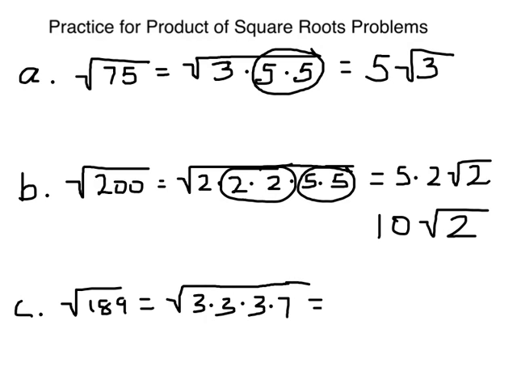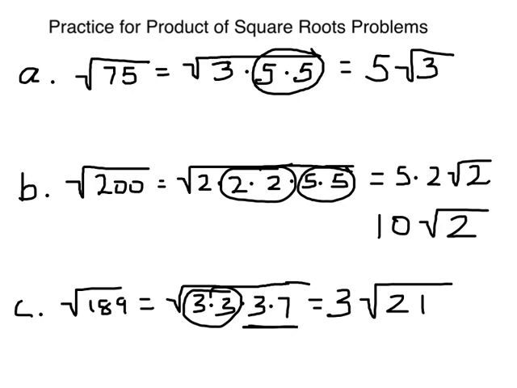So here I've got a pair of 3's I can bring out, and my answer then would be 3 times the square root of 21. And that's how you do that. It's pretty easy. Some people have a hard time with it, but I really don't think you guys will. If you do, just keep going back to this and watch the video over again, see what we've done.